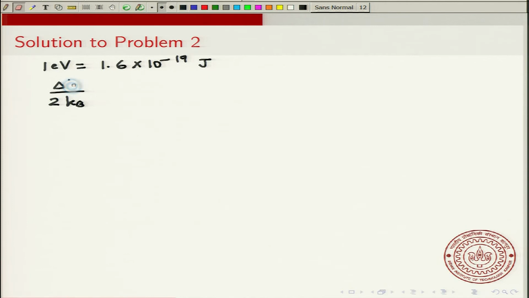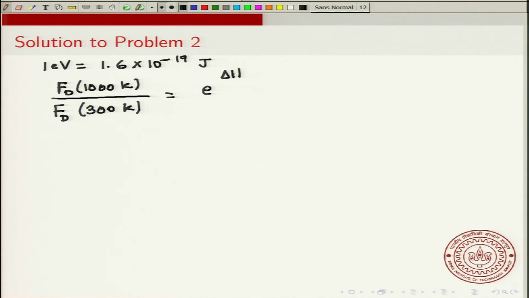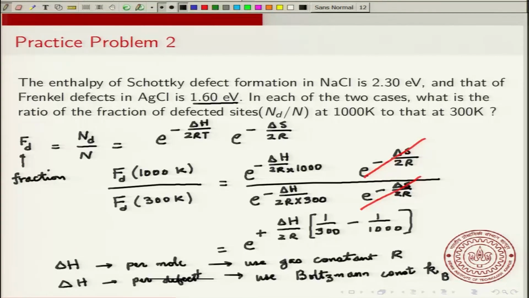But before that, let me emphasize that if you want to calculate Fd at 1000 Kelvin divided by Fd at 300 Kelvin, then you should use e to the delta H by 2 Kb, and you have this factor of 1 over 300 minus 1 over 1000. 1 over 300 is 0.003333, and 1 over 1000 is 0.001.